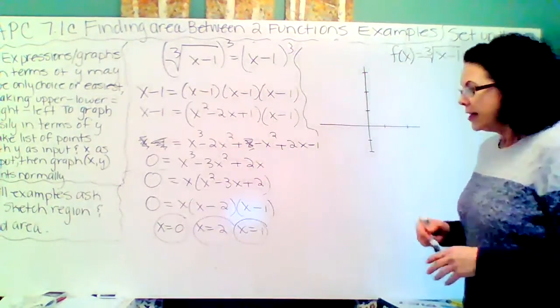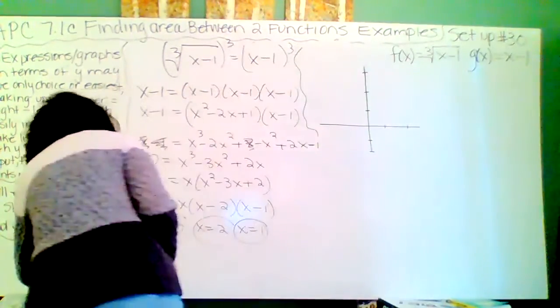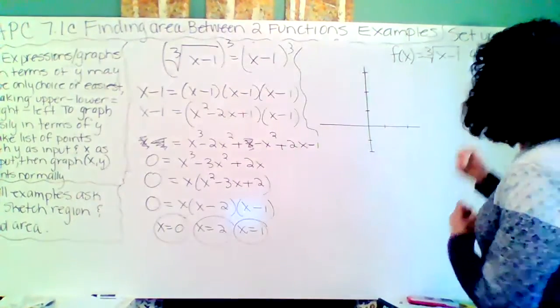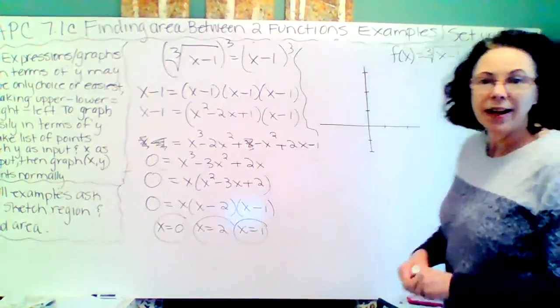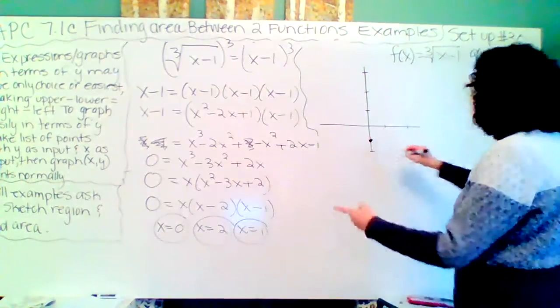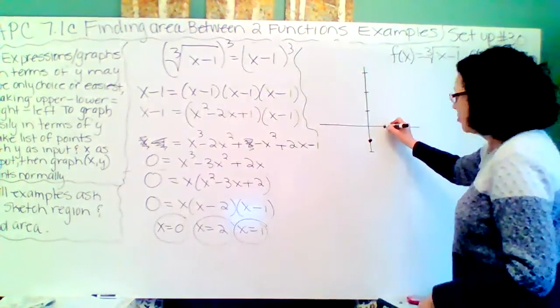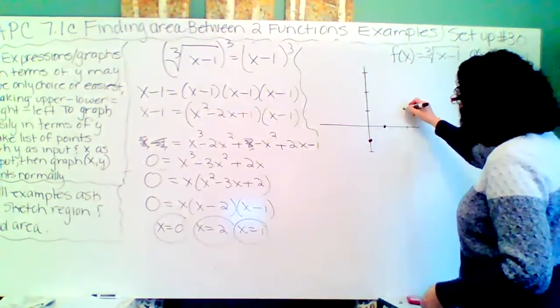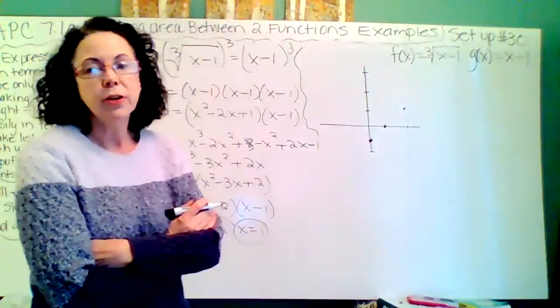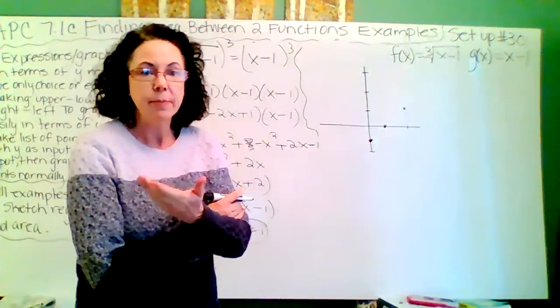Okay, so here's what we had. I did the line first. Lines are easy. When you put in a 0, you get a -1. When you put in a 1, you get a 0. And when you put in a 2, you get a 1. And for the cube root of x minus 1, you get the same thing.